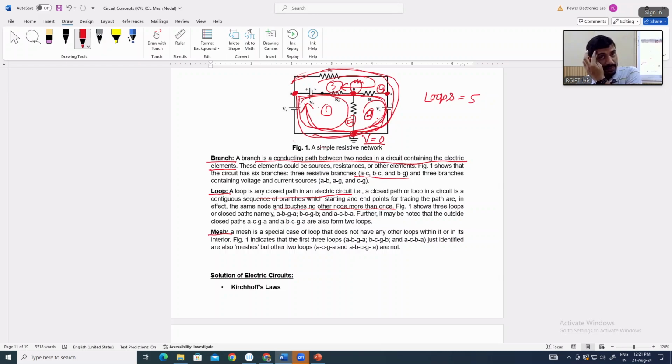Mesh is a special case of loop that doesn't have any other loops within it. इसके बीच में कोई और लूप नहीं होगा, राइट? सो इस सर्किट में कौन कौन मेश हो जाएंगे? 1 2 3। सो इट मीन्स कि मेश टोटल 3 हैं, जिसमें लूप 1 2 और 3 ये तीनों मिला के 3 मेश होंगे, राइट?